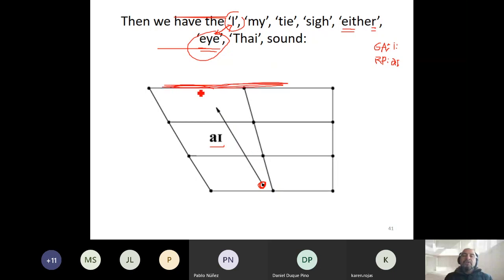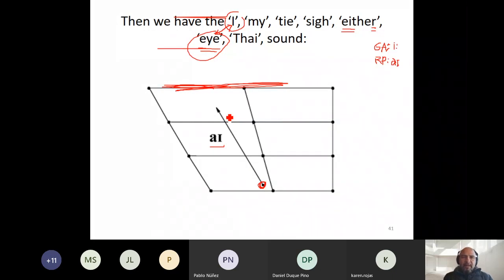If you consciously feel what your tongue is doing, it is moving from a low position towards a high position, and a little bit forward, from a central position to a front position.